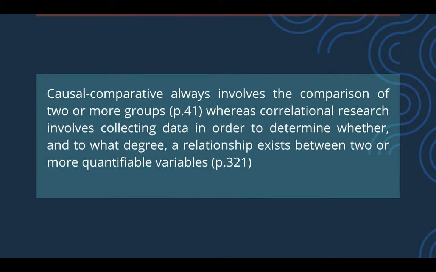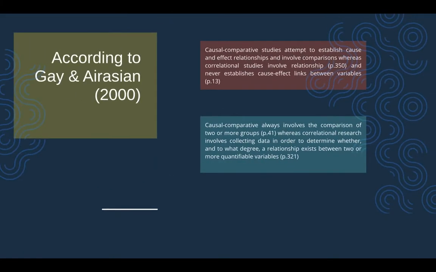Another definition, causal comparative always involves the comparison of two or more groups, whereas correlational research involves collecting data in order to determine whether, and to what degree, a relationship exists between two or more quantifiable variables.